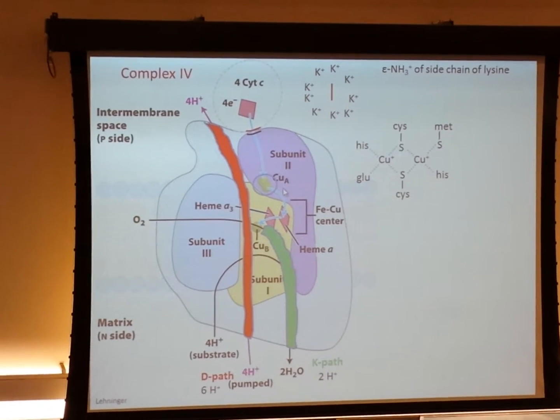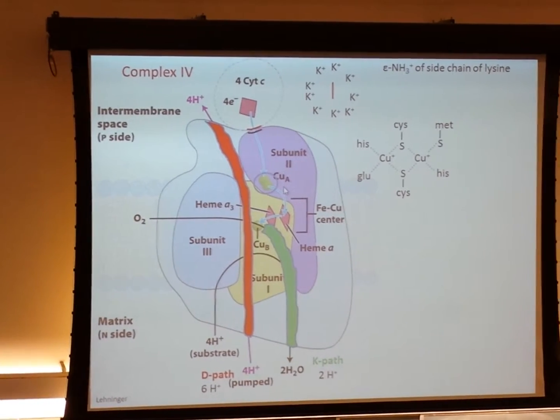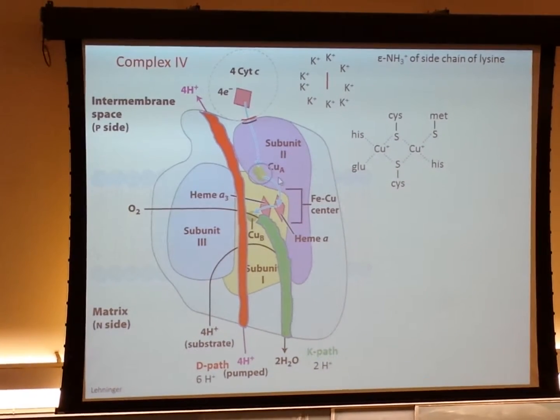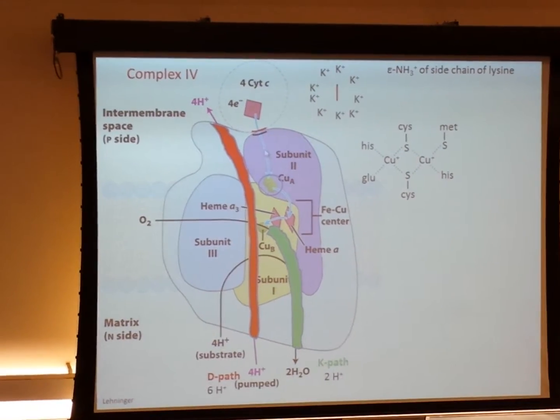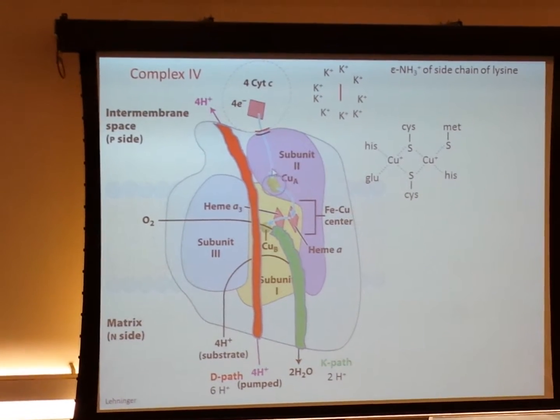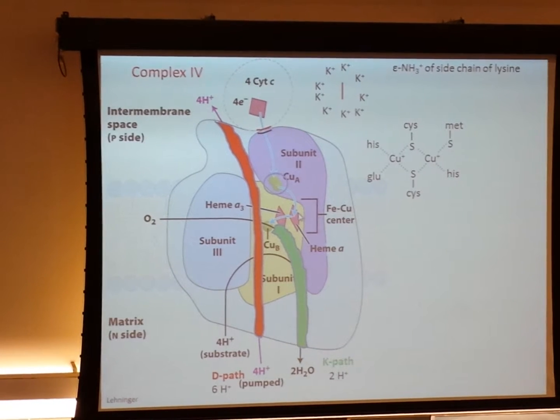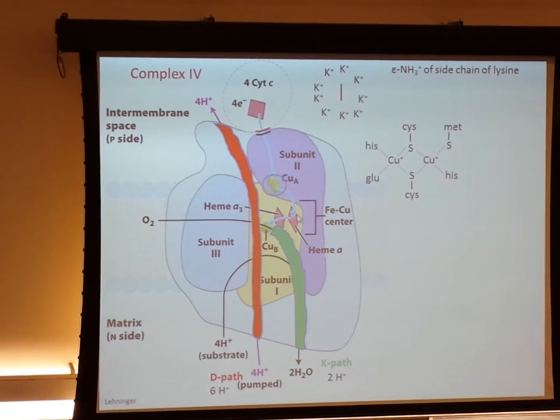And so the electrons are coming through the protein to this binuclear site. That's indicated by this blue arrow here. The electrons are coming through, and then they're leaving because something else wants the electrons even more thermodynamically.